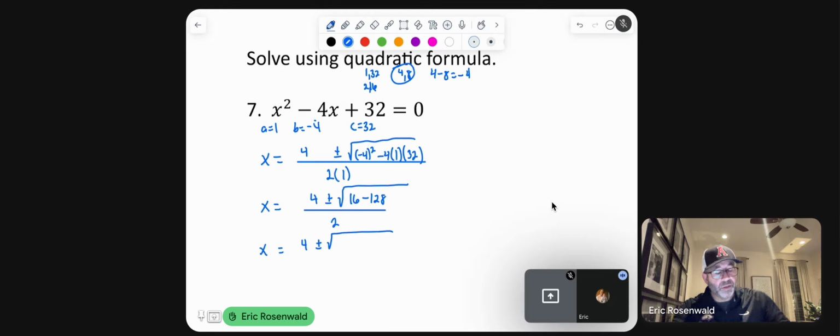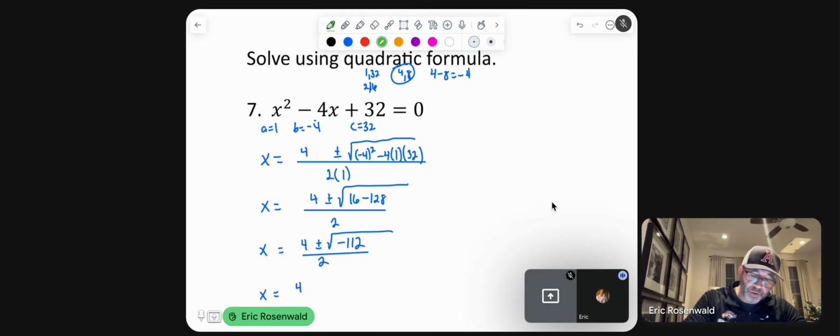We're going to get x is equal to 4 plus or minus the square root of, what is that? It's officially late and my brain is just not braining right now. 16 minus 128. So I thought negative 112. Okay, over 2. And then we see if we can simplify this at all. If I took 112 and divided it by 16, that's going to actually work.